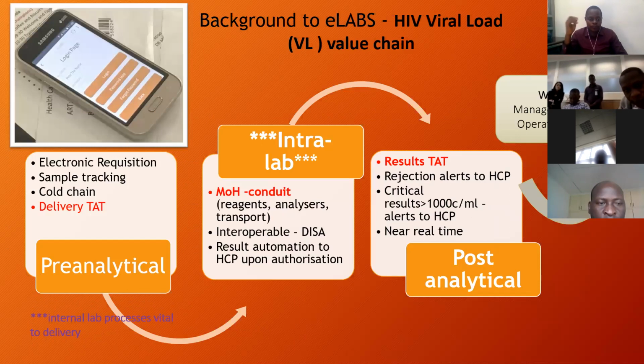In the intra-lab section, we're able to monitor the interoperability of eLABS and DISA, as well as automate results communication to healthcare facilities upon authorization. In the post-analytical stage, we are able to monitor the results that are sent back to facilities, the critical results, and the rejection alerts, and this is done in near real time through our web portal. Next slide, please.